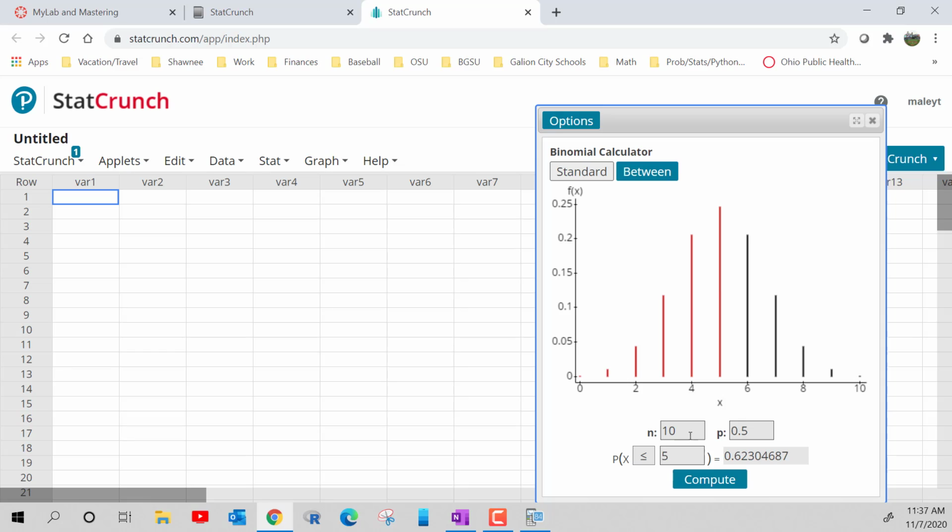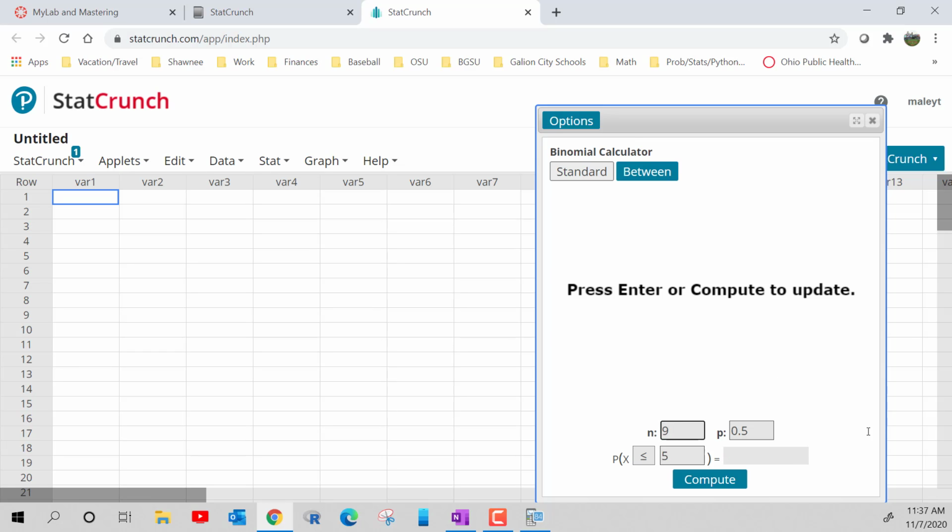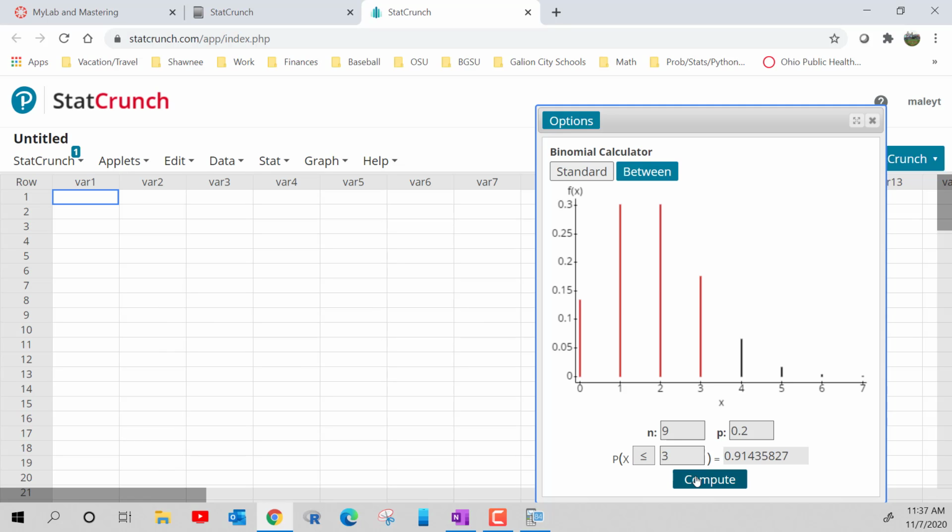My n value is 9, my p value was 0.2, and then find the probability that we're less than or equal to, so I don't need to change that symbol, less than or equal to 3. And I can hit compute, gives me a nice graph, and it shows me the value, which is about 0.914.